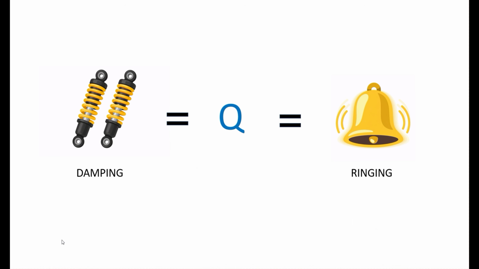Now, in car audio, when we talk about damping in a speaker, we talk about the quality or the Q measure, right? Which is a bit strange, but why do we talk about quality when we talk about damping? It's because it comes from the golden age of bell making, when, back in the day, a good bell would ring for a long time.